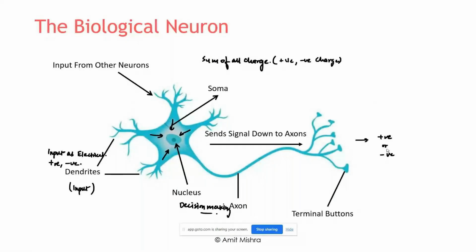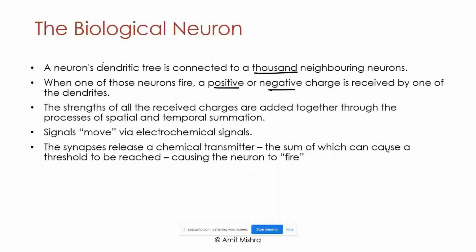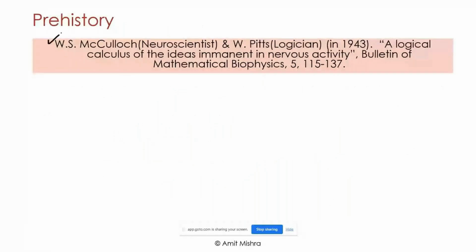Now, mimicking the same, humankind created something called the MP neuron, which was created by two people, W.S. McCulloch and W. Pitts, in 1943.